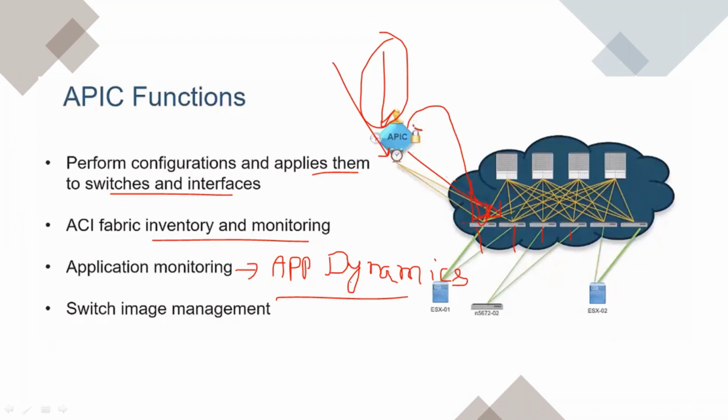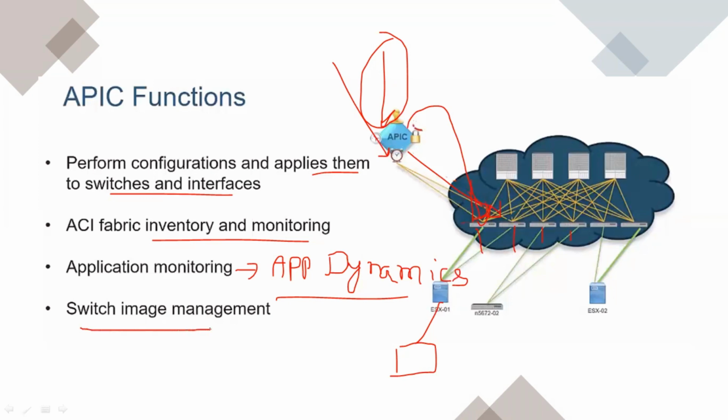Basically it will tell you on the application level as well, like this is the application you are hosting on this ESXi, what are the packets or application data, what are the users liking about that application, on which feature of that app the users like most. All those analytics it also does, and you can integrate it with the APIC basically.